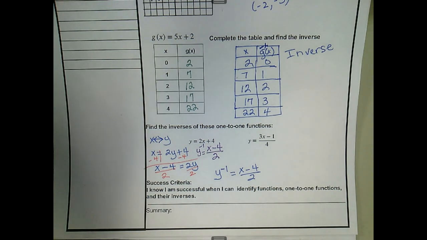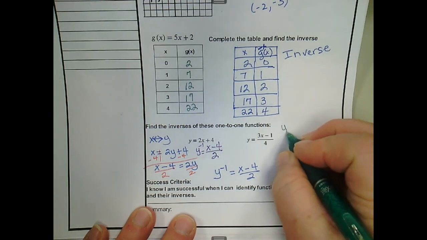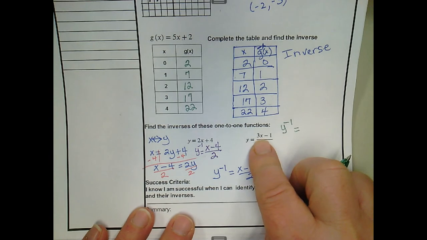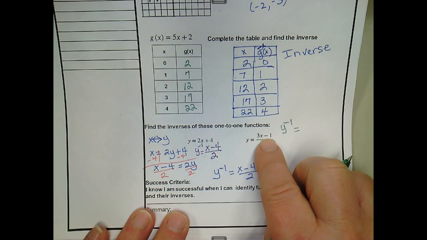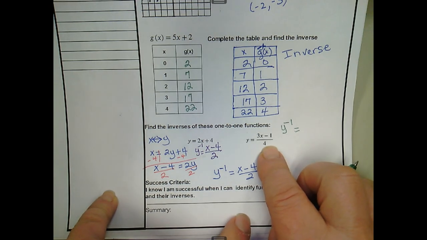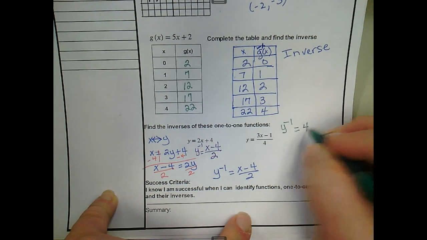For the next one, the first time we're going to think it out, and then we will actually swap them out and do the math. So for this y prime, I've taken x, multiplied by 3, subtracted 1, and then divided by 4. So the last thing I did was to divide by 4. So the first thing I will do is to multiply by 4.